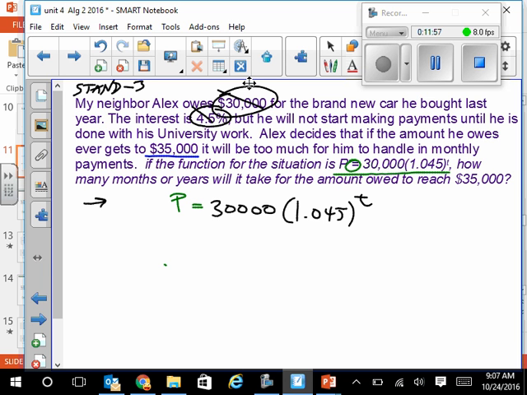Here's the other scary part. Some students are going to see this 35 twice, and then they'll be like, okay, where am I going to put that 2 times? And so what they'll do, they'll put the 35,000 in the place of P, which is the correct place to put it, and then they're going to take that letter T, and believe it or not, they're going to put that 35,000 in the place of the T as well, which is wrong.